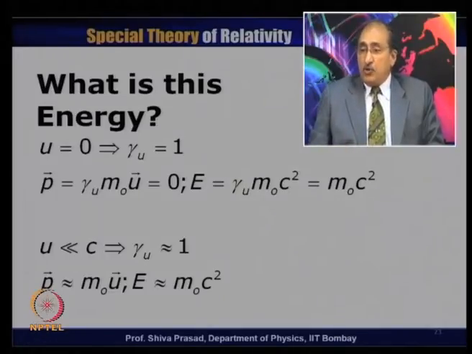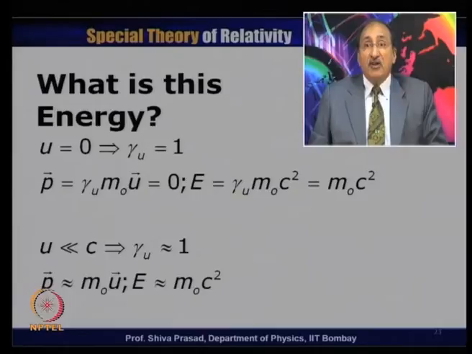So in the limit, u being much smaller than c, gamma u will again tend to 1, which means P naught will be approximately equal to m naught u, because gamma u is more or less close to 1, which gives me back my classical definition of momentum, which is mass multiplied by the velocity. But my E will still remain m naught c square.